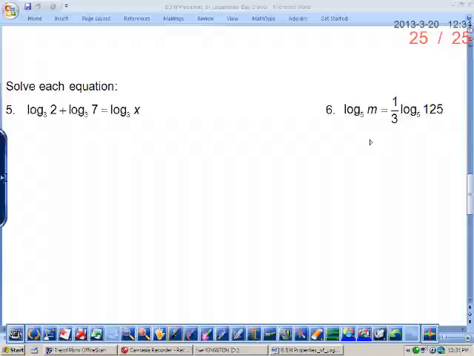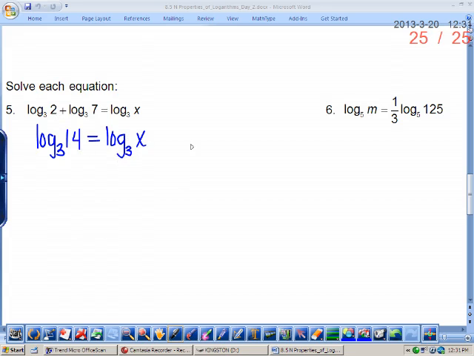So what we're going to do is condense the left side. So I'm going to have log base 3 of, what's 2 times 7? So log base 3 of 14 equals log base 3 of x.